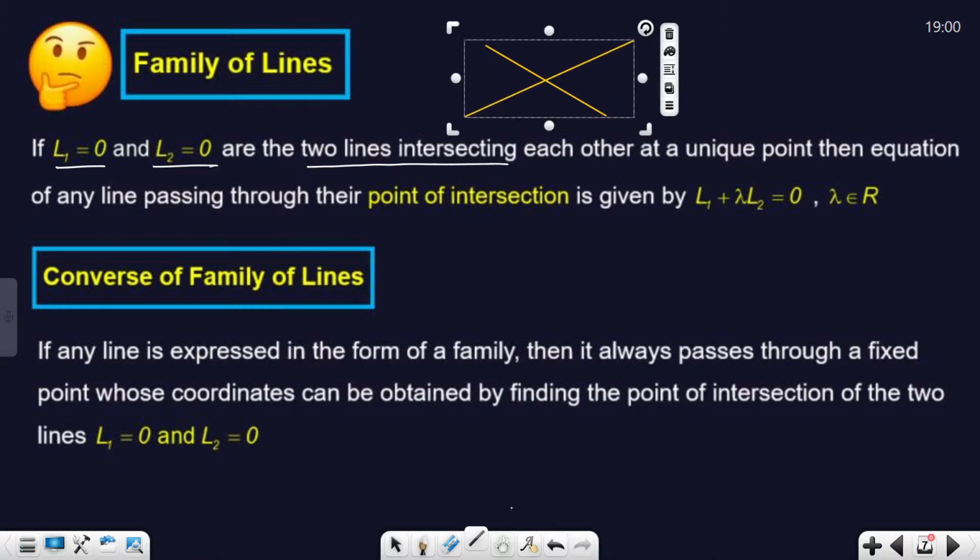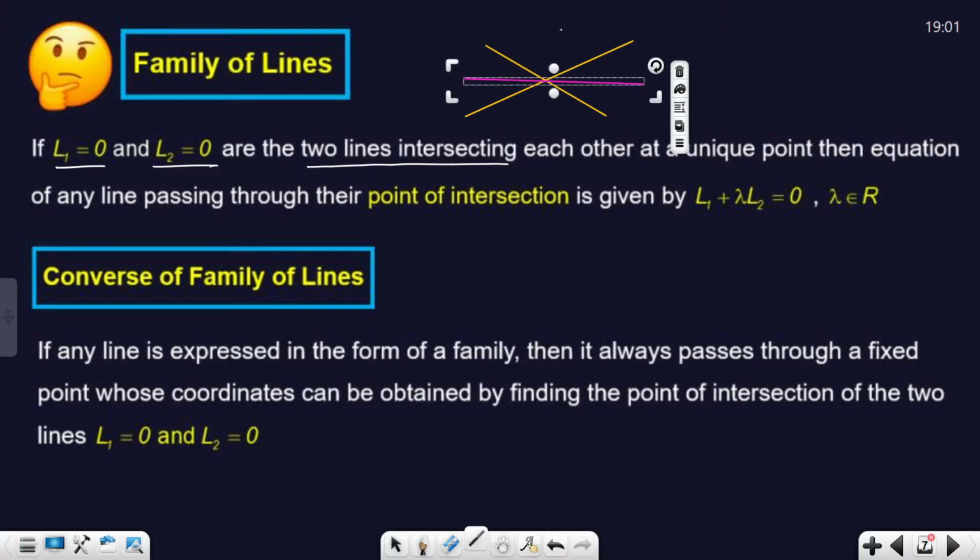Now, think about it. Through their point of intersection, there are an infinite number of lines passing. Infinite number of lines passing through their point of intersection. All these lines are what is called your family of lines.